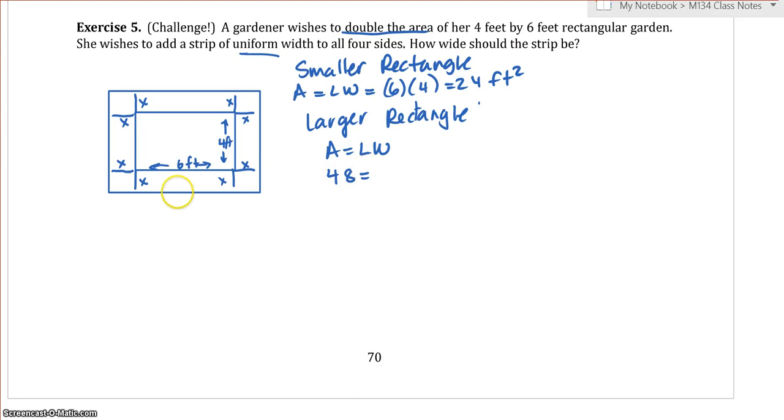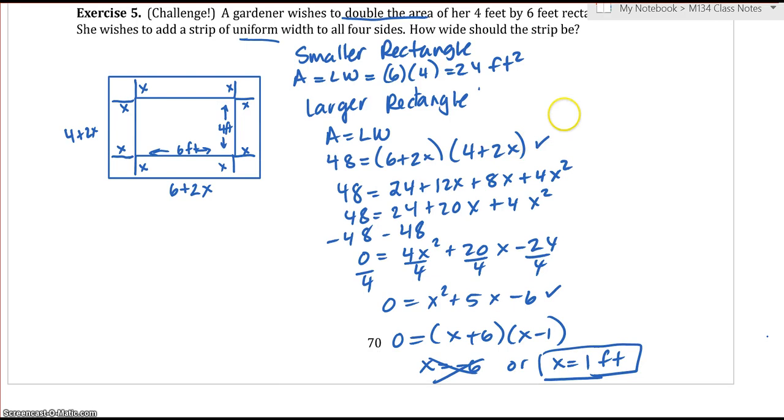And the length is going to be something different. It's going to be now 6, and we're going to add, there's an x here and an x here, so we have 2x. And the same thing for the width. So the length now is going to be a new length, and the width is going to be this expression, and then I'm going to solve this equation.